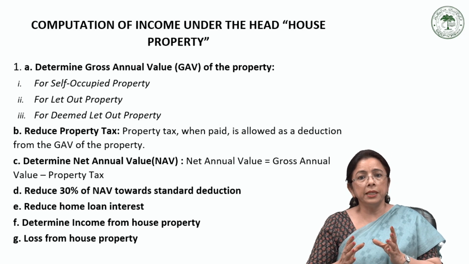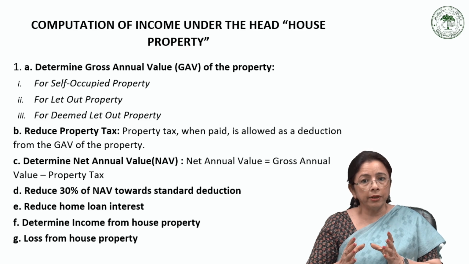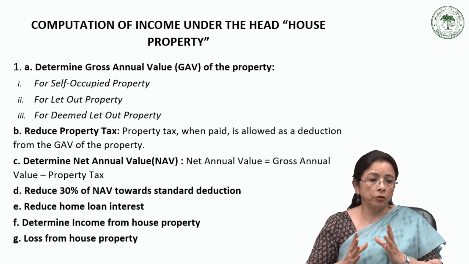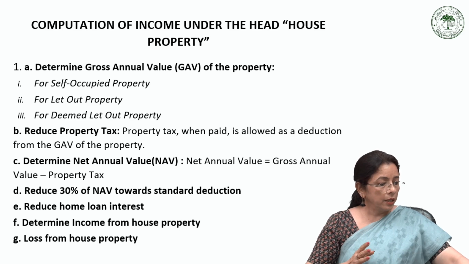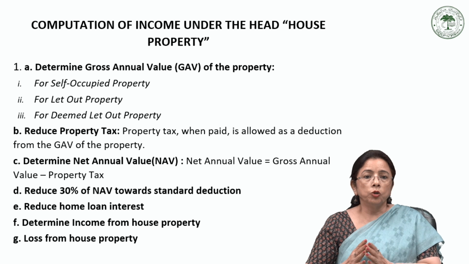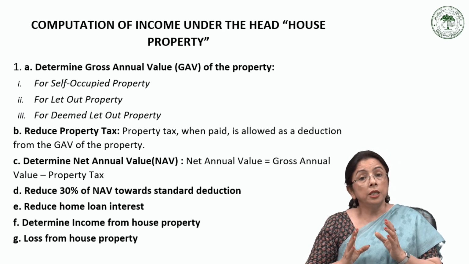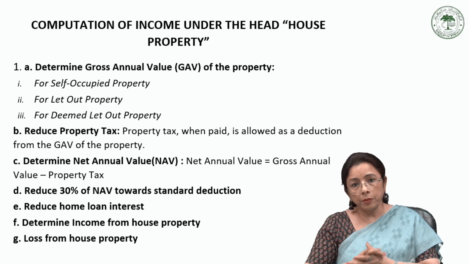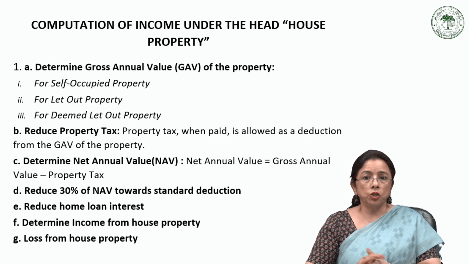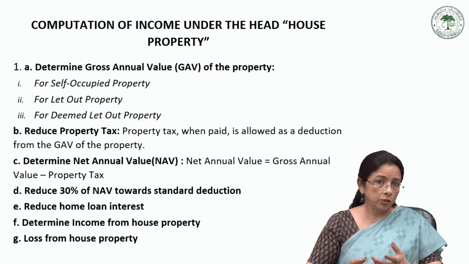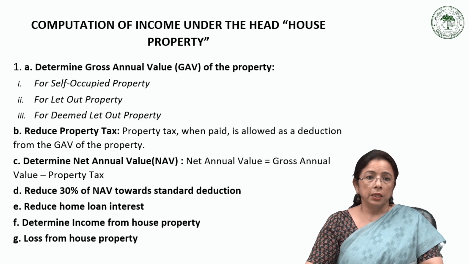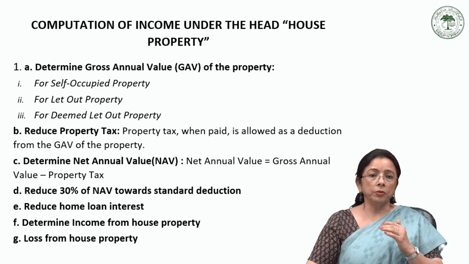In determining the annual value, there are four factors which are normally taken into consideration: actual rent received or receivable, the municipal valuation of that property, the fair rent of that property, and also the standard rent. How to calculate the income from house property?